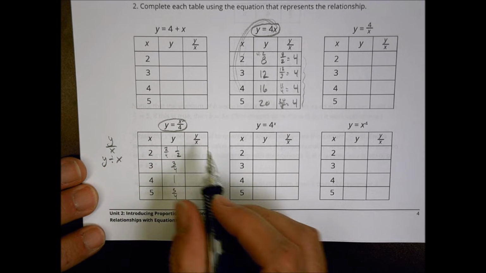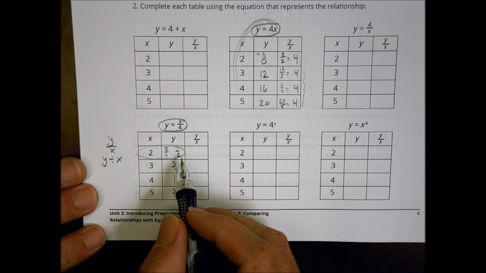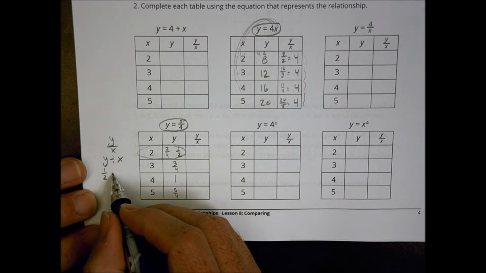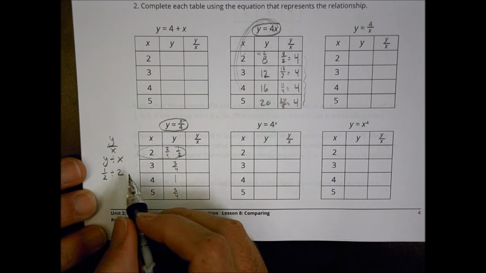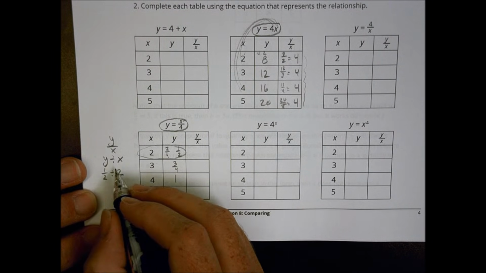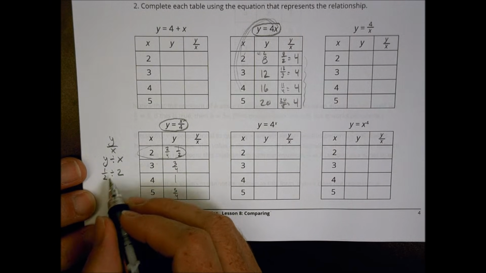Let's take a look at this fraction one just because it does come up a few times. If I did y divided by x, my y term is 1 over 2 divided by x, which is 2. Now, when we talked about dividing a number, we can multiply by the reciprocal.